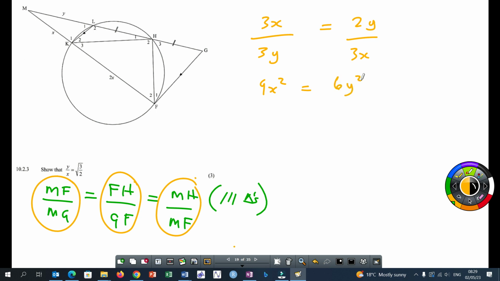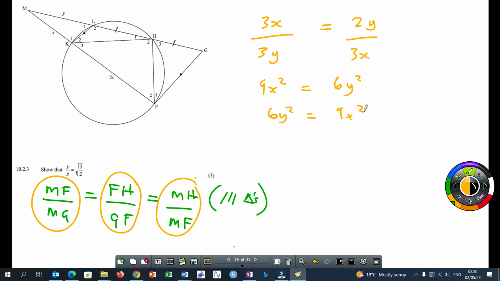Then from here, we want y to be our numerator and x to be the denominator. So what this means is it's better to take this 6y to the right, and then you can write it like that, because we want the y to be our numerator. You have to use common sense.